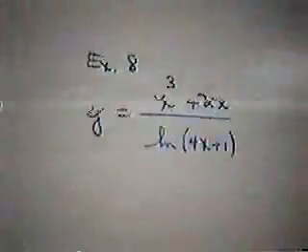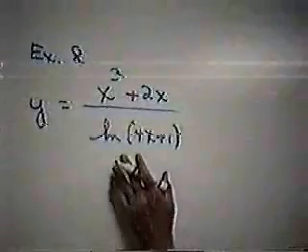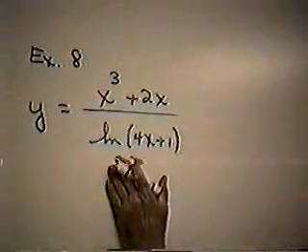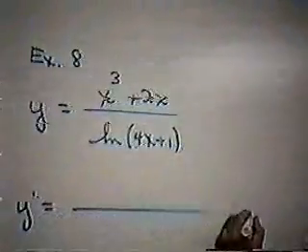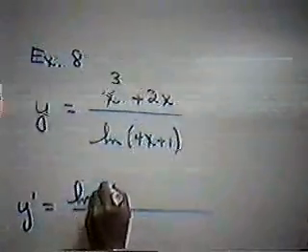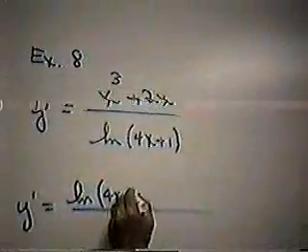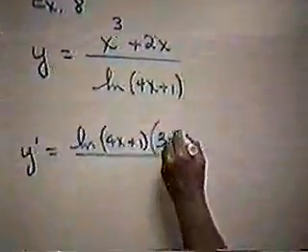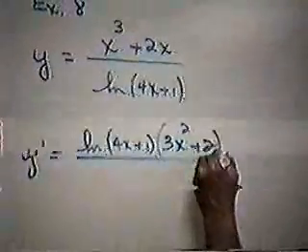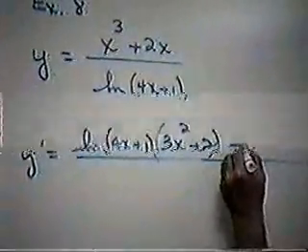Go into example 8. This is a division rule. So this says y prime is equal to, let's see, I'll write the bottom one down. So log of 4x plus 1 times the derivative of the top, which is 3x squared plus 2. And then minus, I write the top one down.